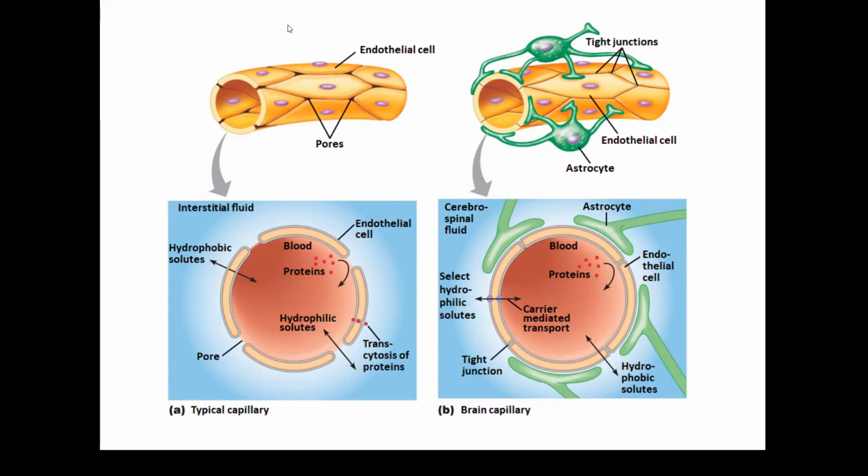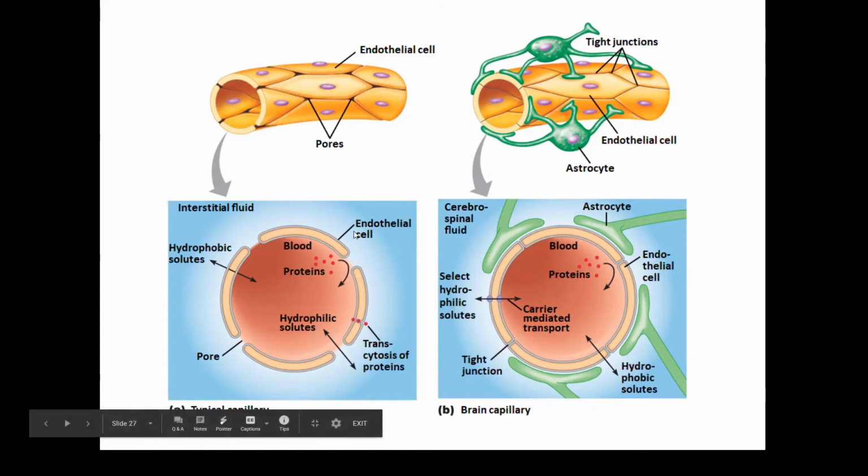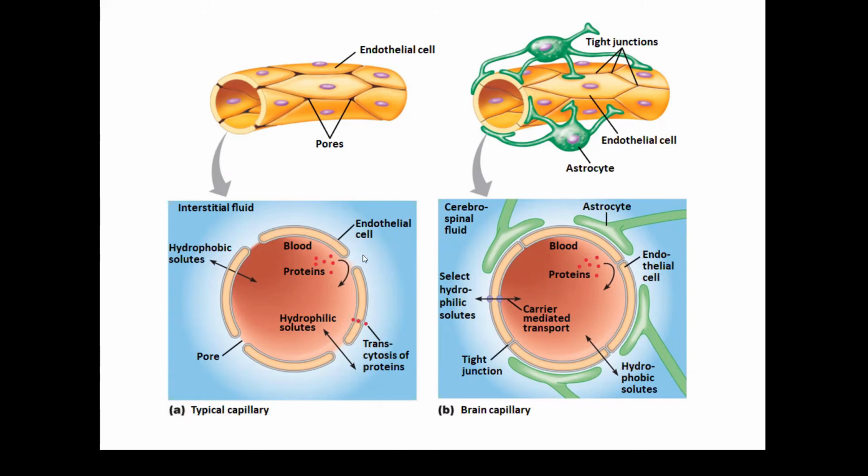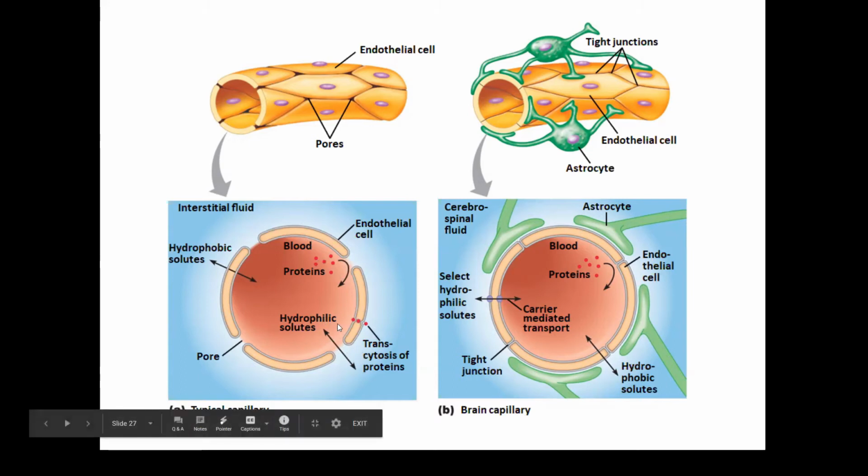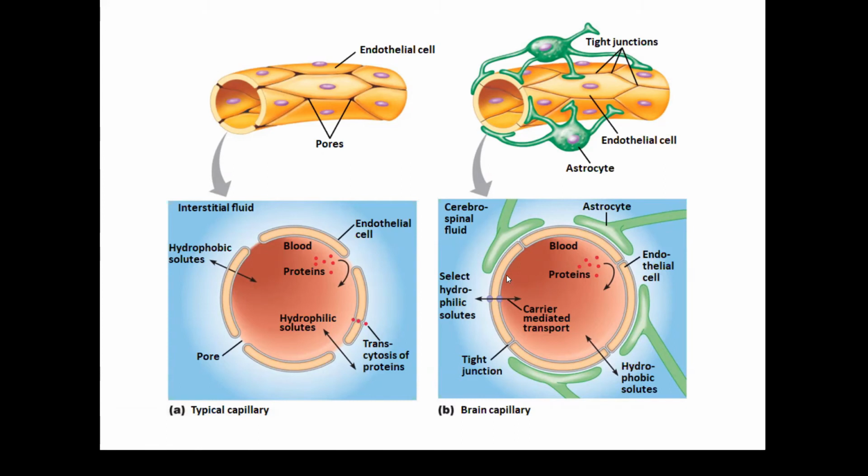So if you slice it, right, like right here, you'd see that we have pores in certain places in the walls of this capillary. So we have blood here, our endothelial cells, but there's space between. So some solutes would be able to cross through these pores. We don't want this to happen in the brain.